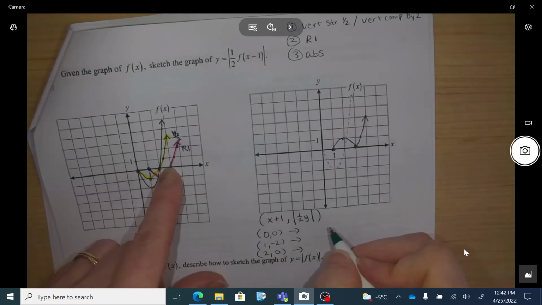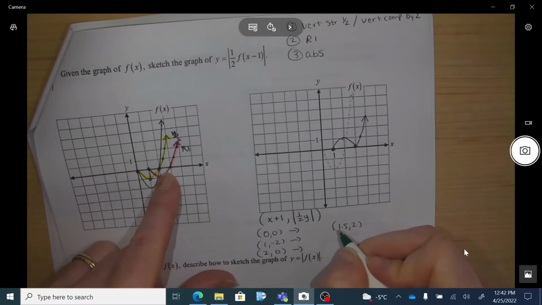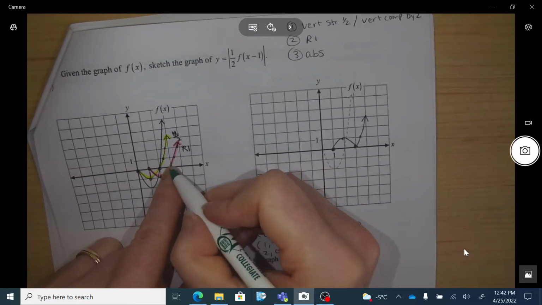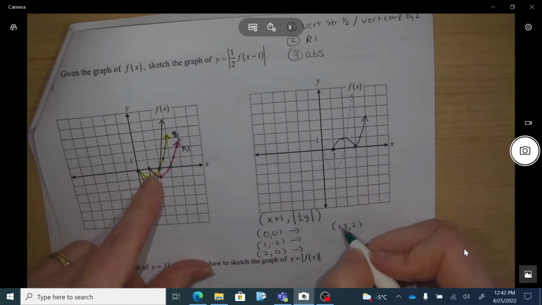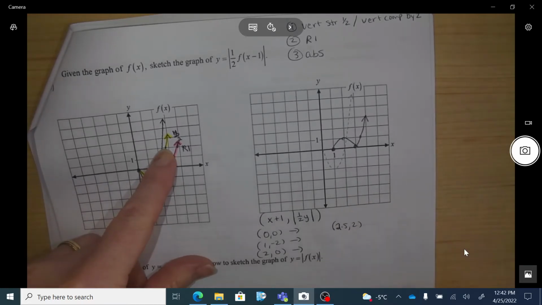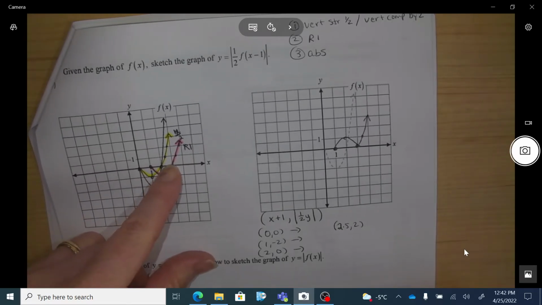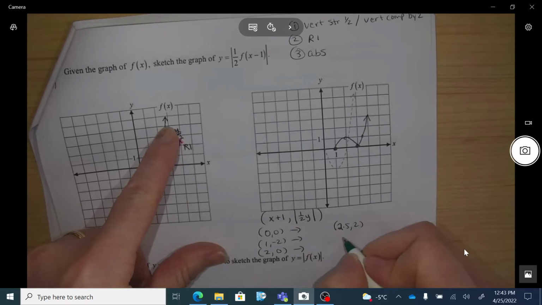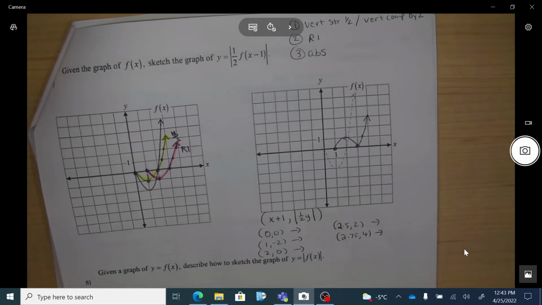I had 2.5, comma 2. And a 2.75, comma 4. So those are kind of some of the points that I took.